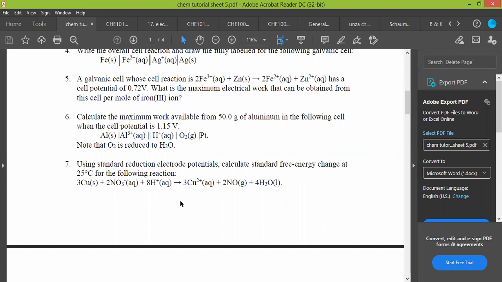Then the other one, therefore, is going to be reduced.